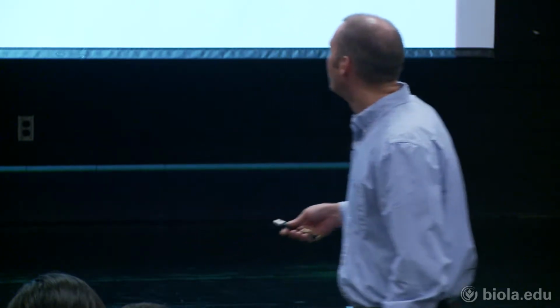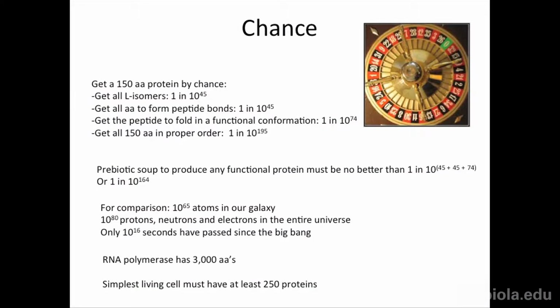So imagine picking through every atom in the galaxy. You're still not even approaching the high unlikelihood of getting a functional protein to just assemble by chance. There are only 10 to the 80 protons, neutrons, and electrons in the entire universe.